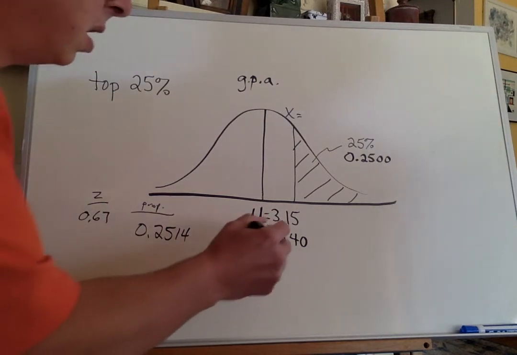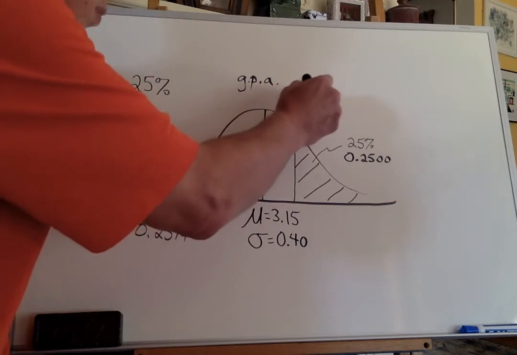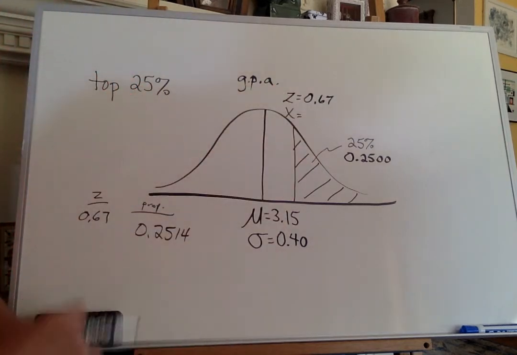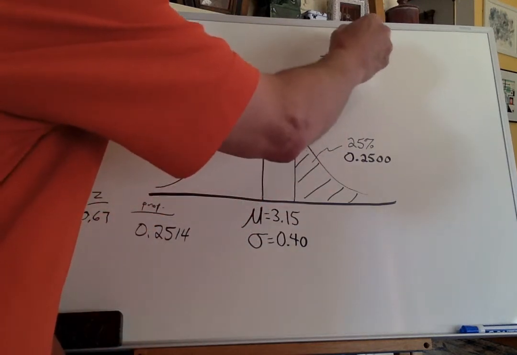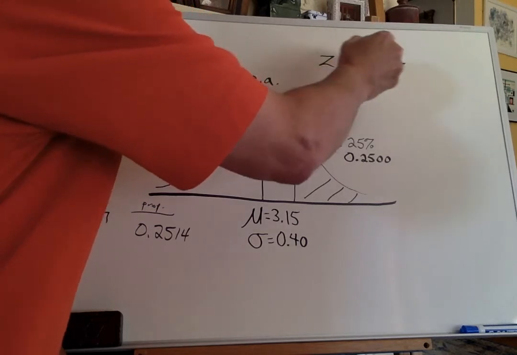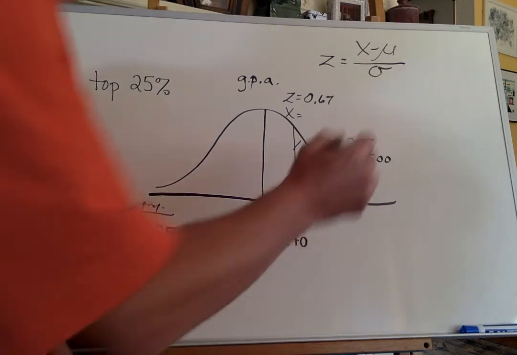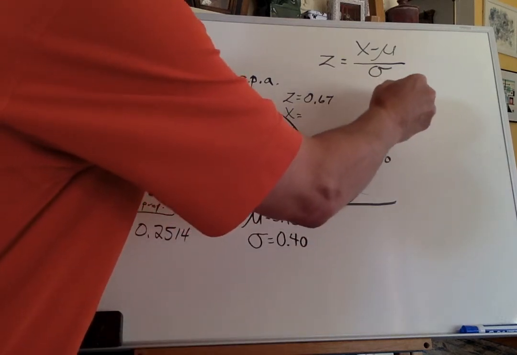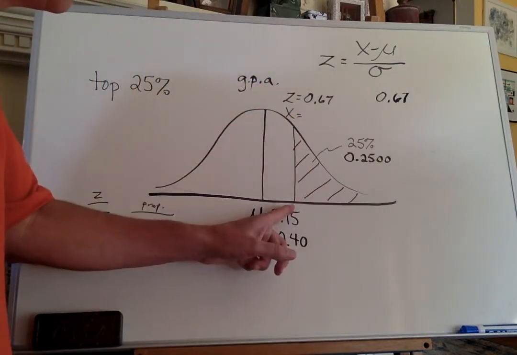And so we know that the z-score here is 0.67, okay? As long as I have 3 out of 4 of these, I can solve for the remaining variable, right? So 0.67 is my z-score here.